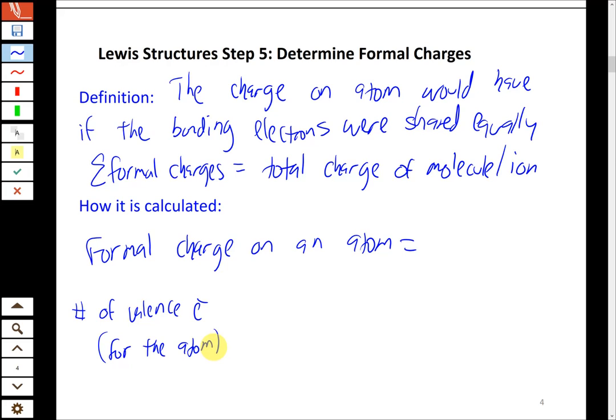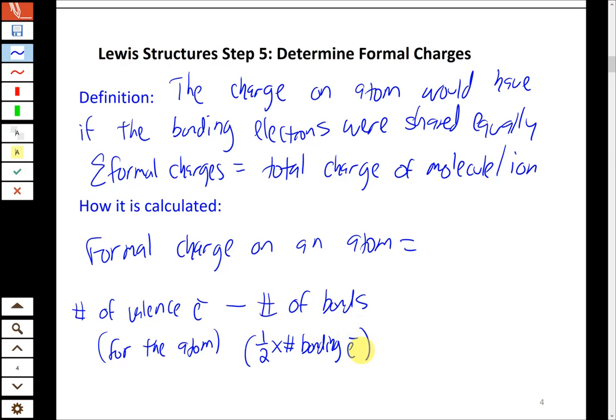So that's what we're going to start with, and then we're going to subtract from that the number of bonds that that atom has. And again, where this comes from is formal charge is assuming that the bonding electrons are shared perfectly equally. So this is 1/2 times the number of bonding electrons is another way of thinking about that.